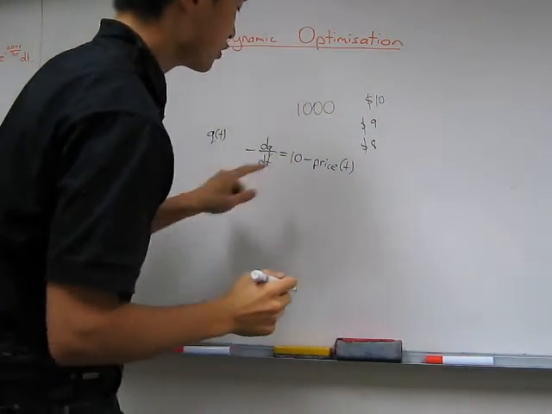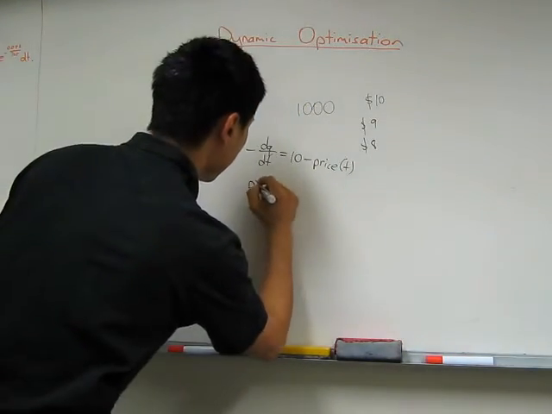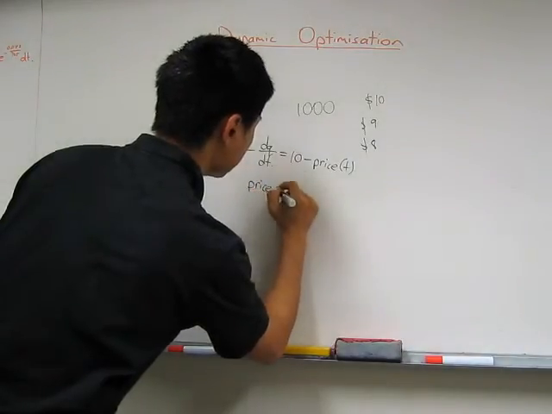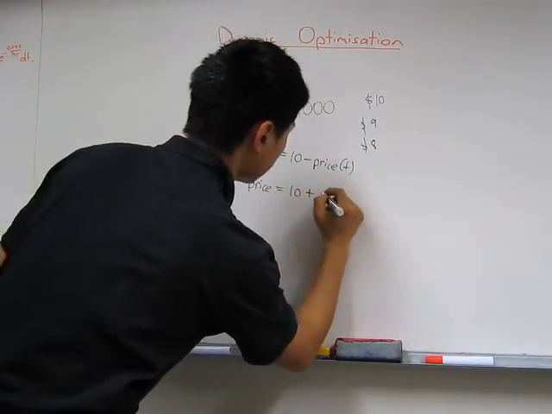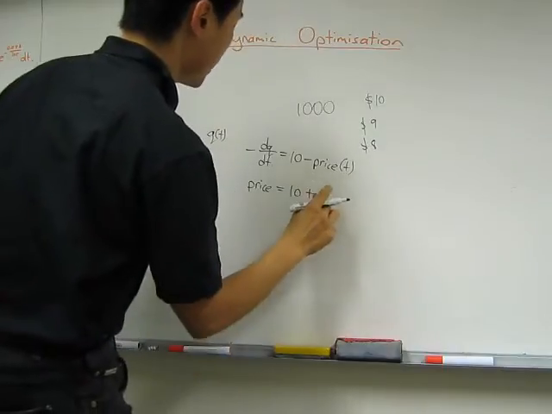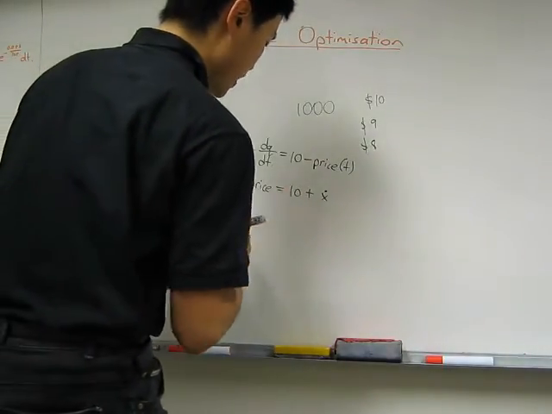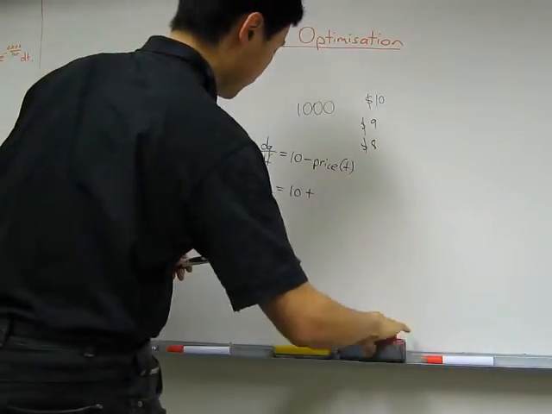Okay? So I could rearrange this formula and say the price that I will be able to get is 10 plus, and I'm just going to write q dot to mean dq/dt.